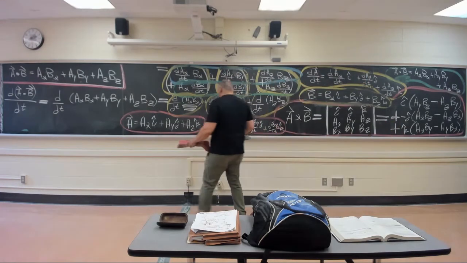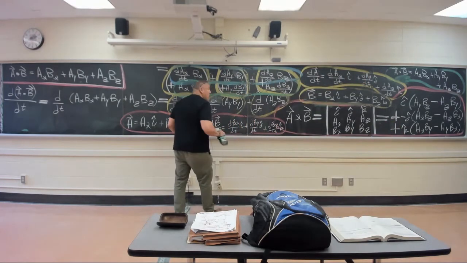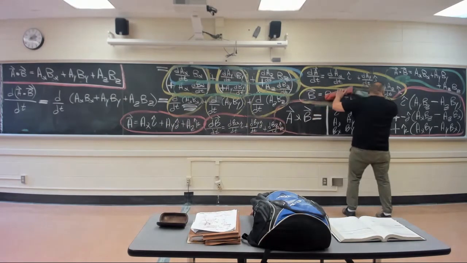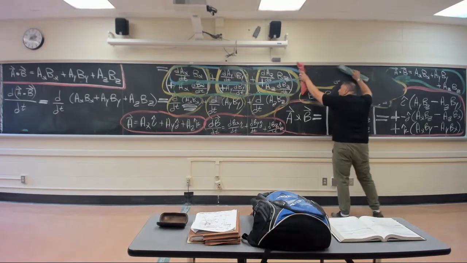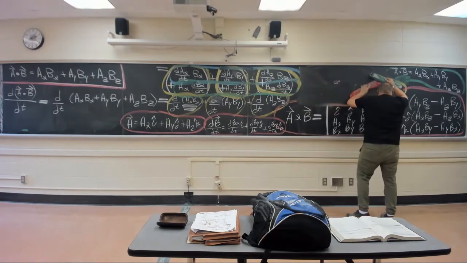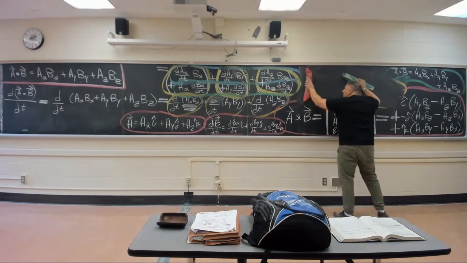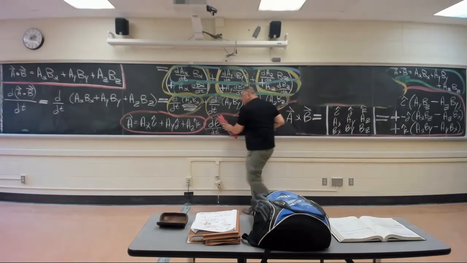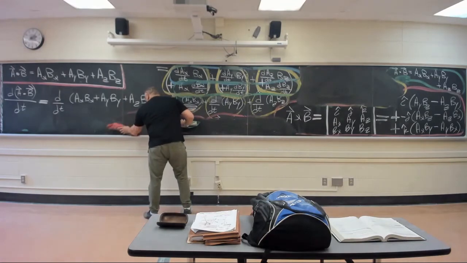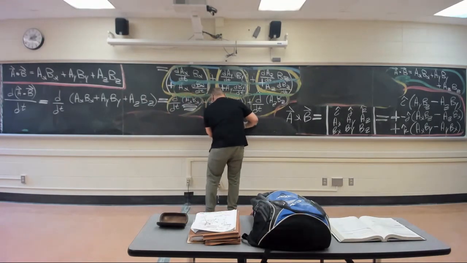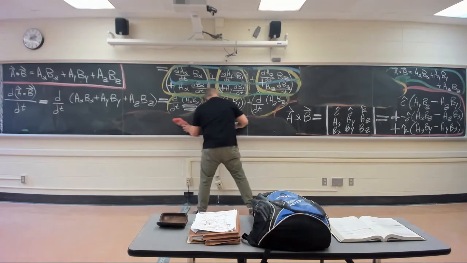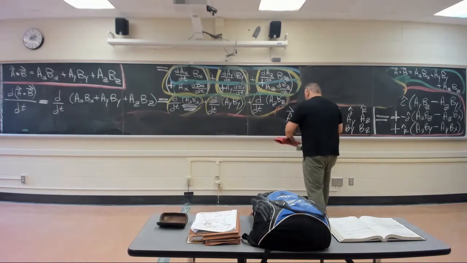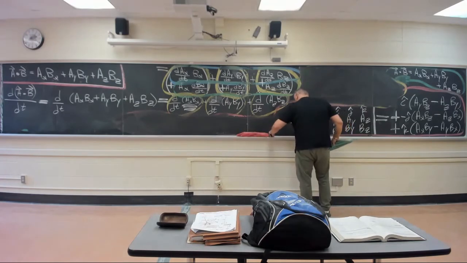We saw this, and this is going to be useful. It's some of the same argument that we're going to use when we talk about the cross product. But right now, okay, let's see what we got.